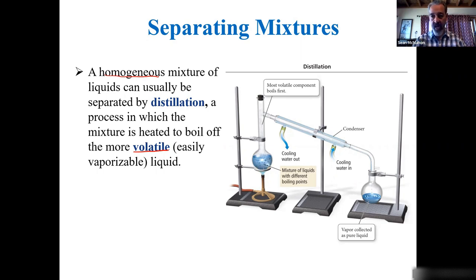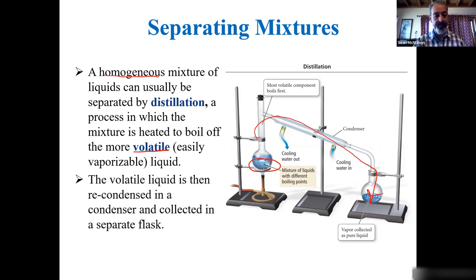Water has a really high boiling point. So when you do distillation, the water remains behind while you can separate the more volatile liquid and catch it in what's called the receiving container. So the more volatile liquid, once it boils off, it's in the vapor state.